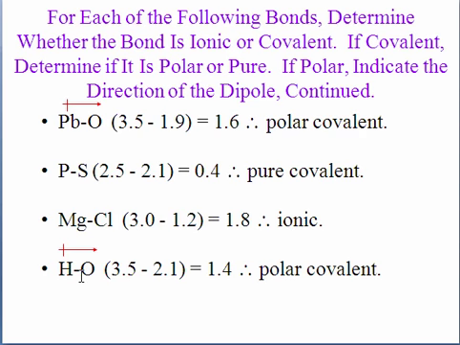And if it is polar covalent, our dipole is going to be directed towards the chlorine, which is more electronegative. And here's hydrogen, oxygen. If we look at the difference between these two electronegativities, 1.4, polar covalent, with oxygen being the more electronegative. Now if you use your little delta positive, delta negative, that would be acceptable as well.